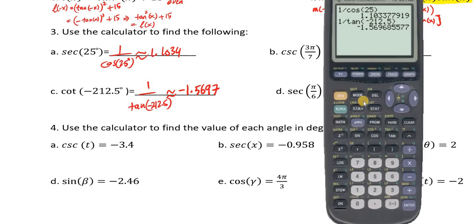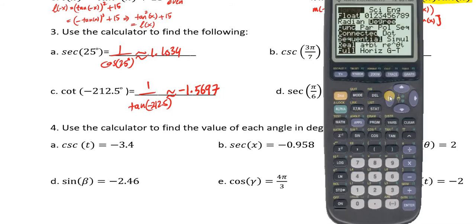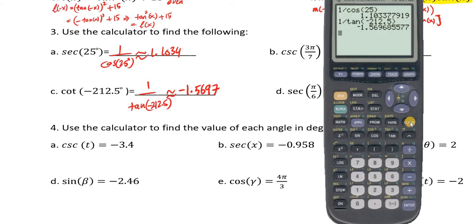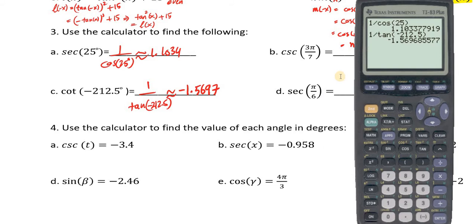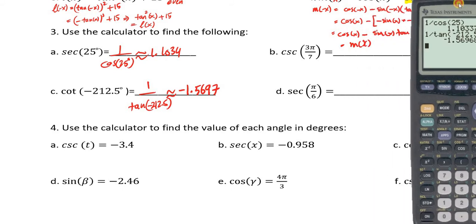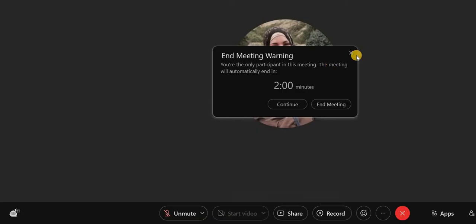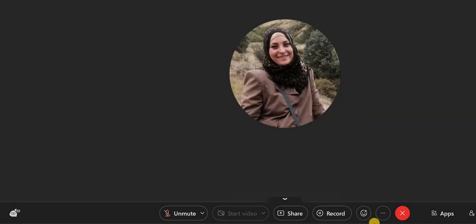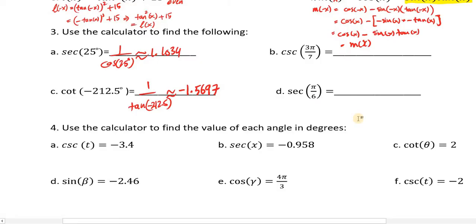So I'm going to switch to radians mode. Here is the mode. Down, radian, enter, clear. And then I will type cosecant. I don't have cosecant here, so cosecant is equal to 1 over sine.